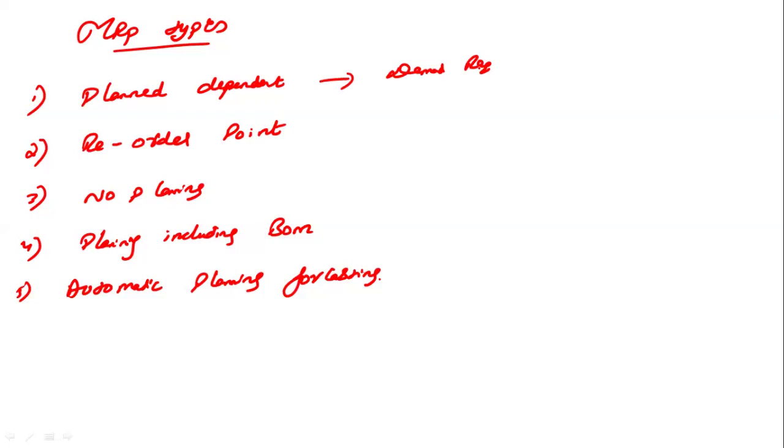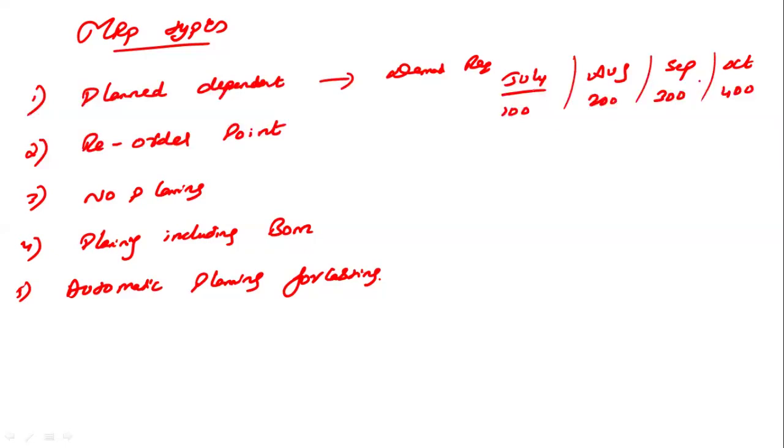I'm telling it that in the month of July I need 100 pieces, in August 200 pieces, in September 300, in October 400. So I am giving the requirement to the system, and the system will plan accordingly. Every month, this is the quantity which will go to the supplier. That is the plant independent.